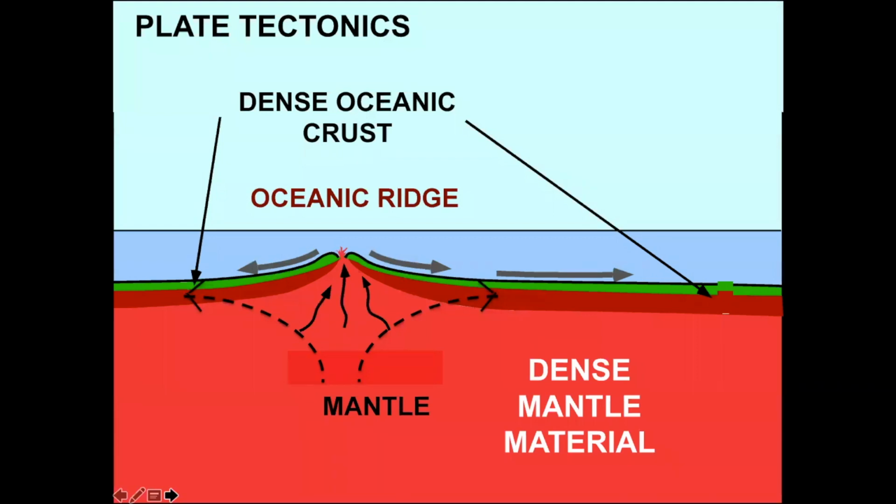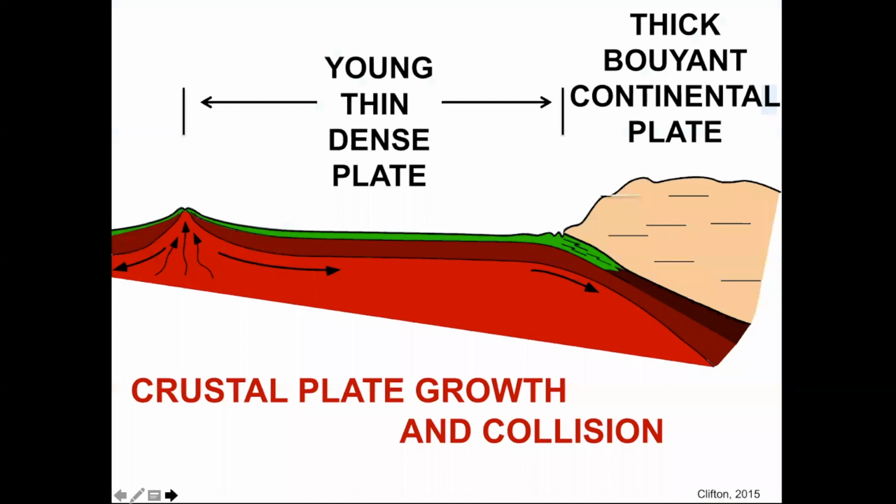And in plate tectonics, mantle material wells up from ridges that now lie in the ocean and spreads out as a thin, dense volcanic crust, oceanic crust. And that spreads, moves until it runs into a continent. And the continents are made of material that's lighter, it's more buoyant, it's like a cork.